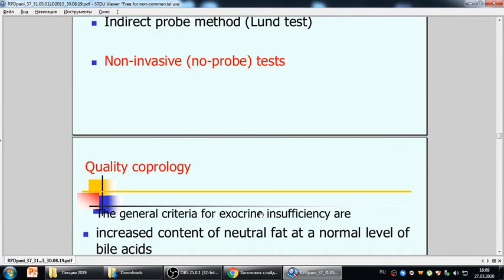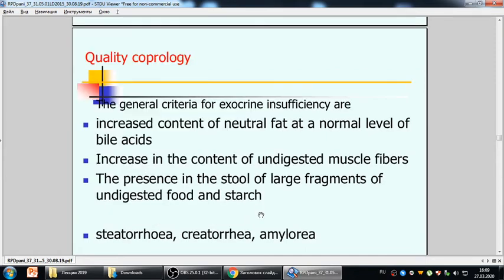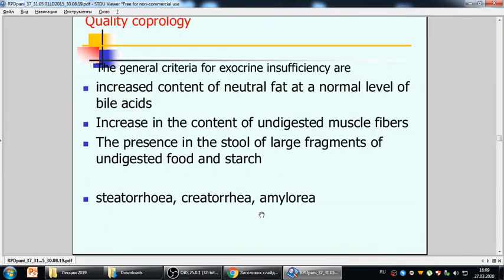Let's start from the quality coprology. It's also very important.